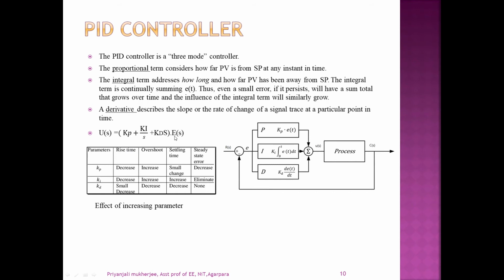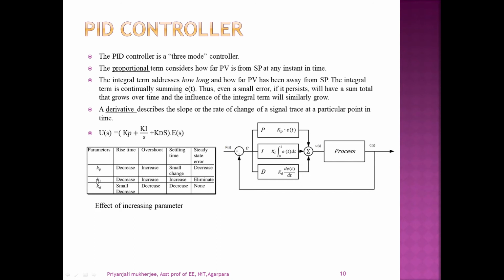Now, these three are parameters of the PID controller, that is Kp, Ki and Kd, and if we increase the parameter values, then it has a direct effect on the system parameters, that is the rise time, overshoot, settling time, and steady state error. So for example, if we increase the Kp value, then we can see from this table that the steady state error decreases but cannot be eliminated, whereas using Ki, the steady state error can be eliminated.